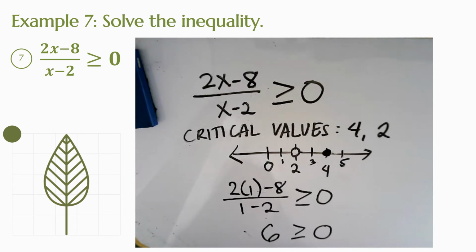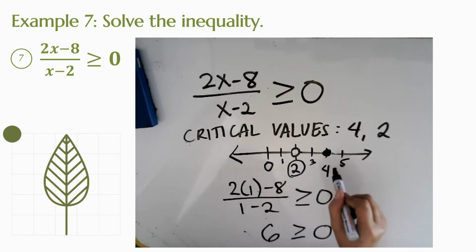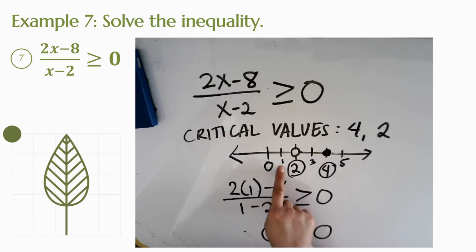So if x is 1, it makes the statement true. What does it mean? It means that the solution lies over here on the left side of the critical value 2. Remember, we have two critical values, 2 and 4.